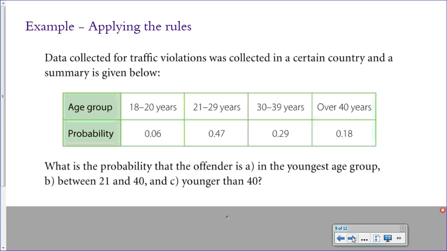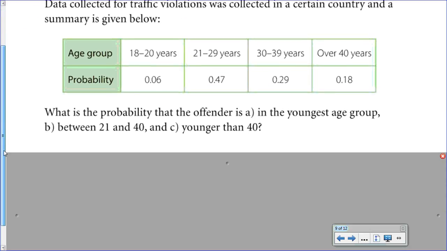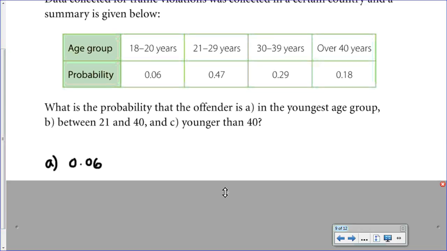In the questions below, what is the probability that the offender is, if you pull over an offender, in the youngest age group? Well, that's just reading the table, right? So the youngest age group is going to be a 0.06 probability. The probability that the offender is between 21 and 40: this is basically the two middle age categories.